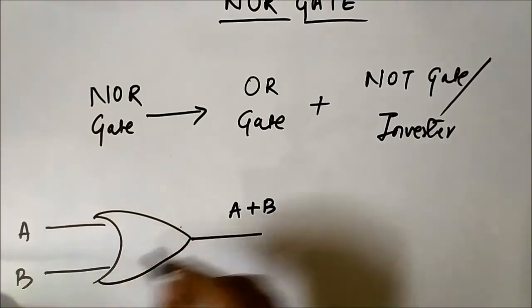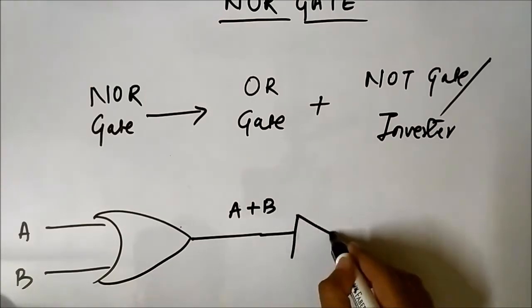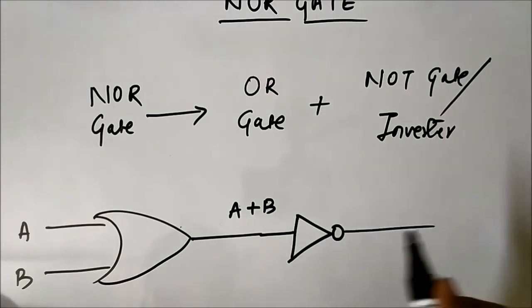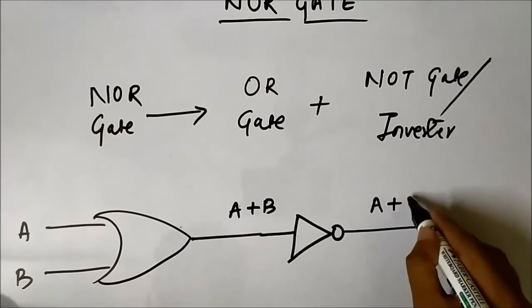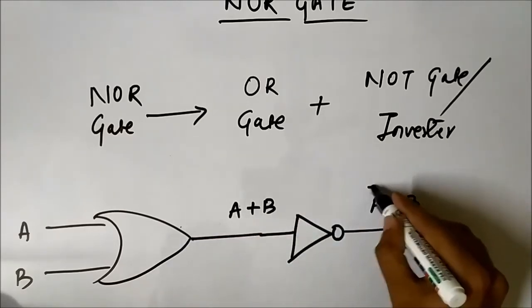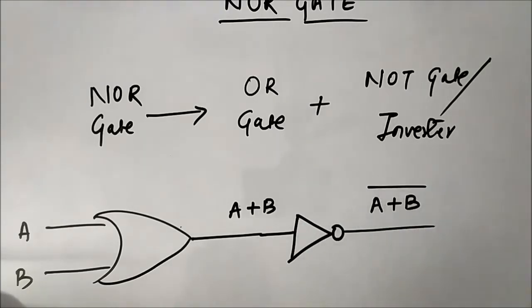Suppose we add another NOT gate or inverter here. The output will be the complement of the output of the OR gate, that is (A plus B) whole complement, or (A plus B) bar.